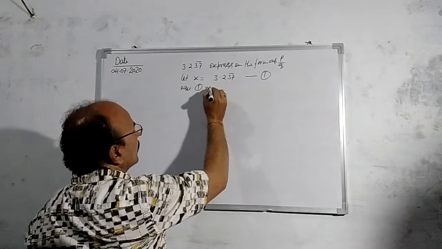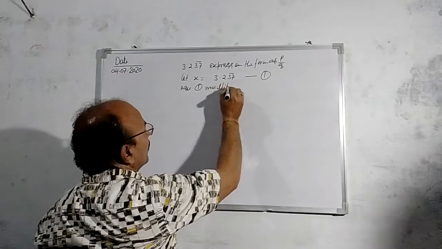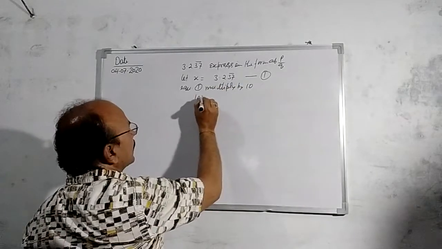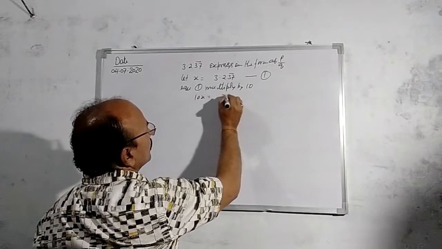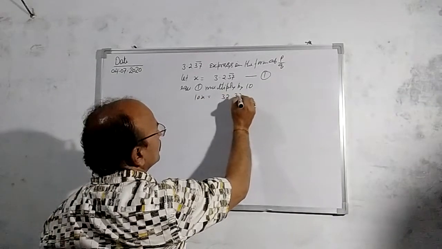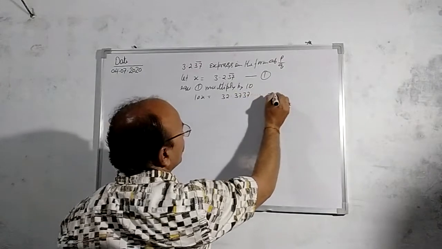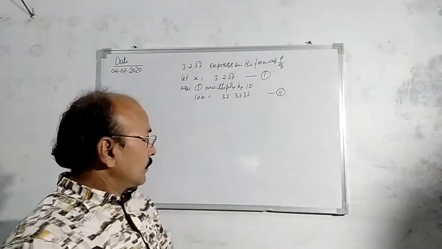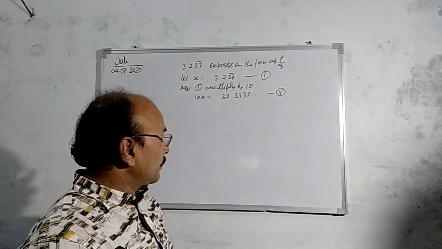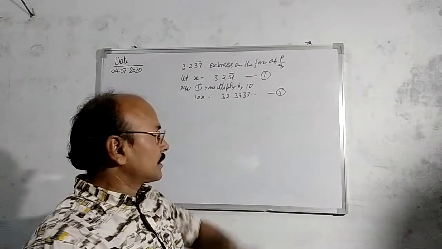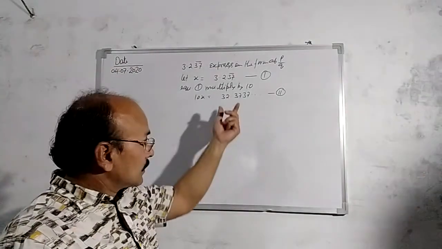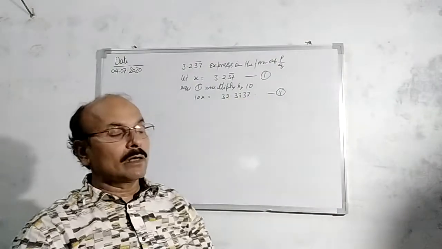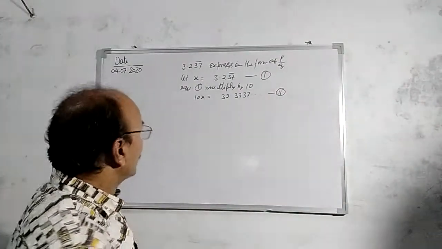Equation 1 multiplied by 10. So 10x is equal to 32.3737 and so on. It is equation 2. And now there are two digits which are in repeat condition, 373737. So since two digits repeat, that's why equation 2 is multiplied by 100 again.